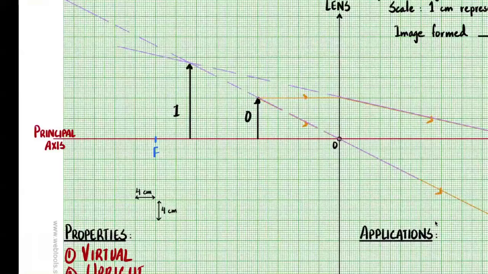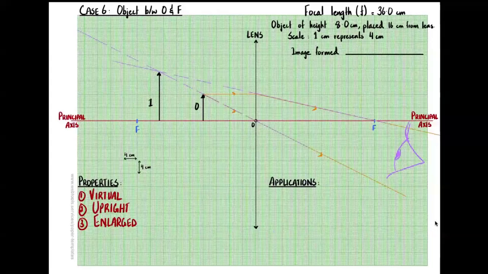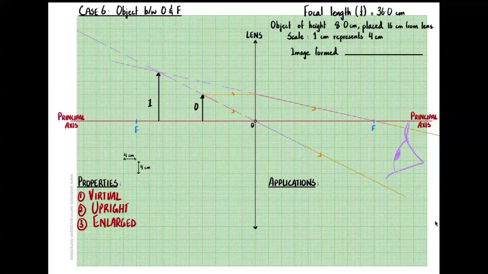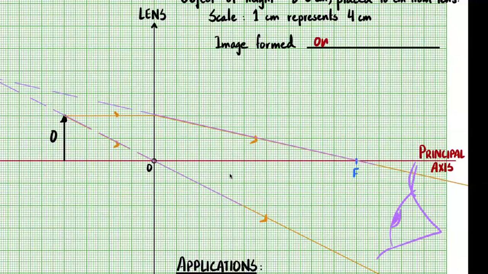So we can find the linear magnification accordingly. Another important property is that this is the only case where the image is formed on the same side as the object. So this is the image formed on same side as object.